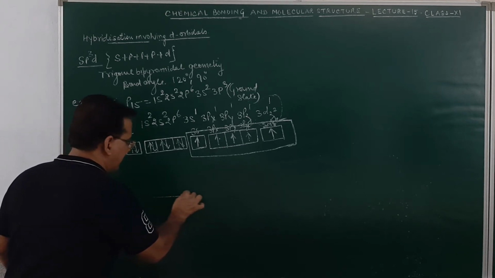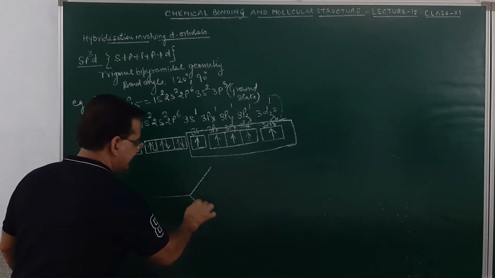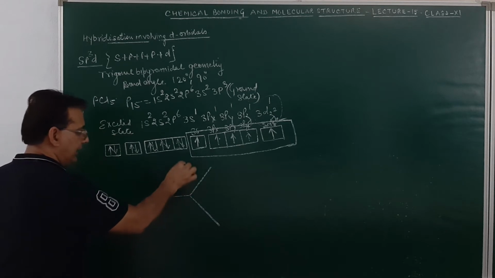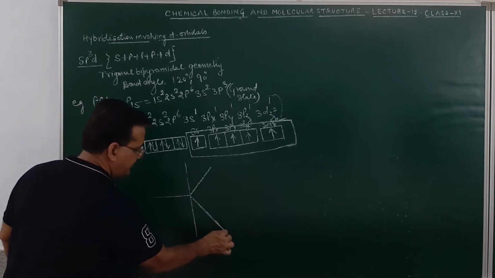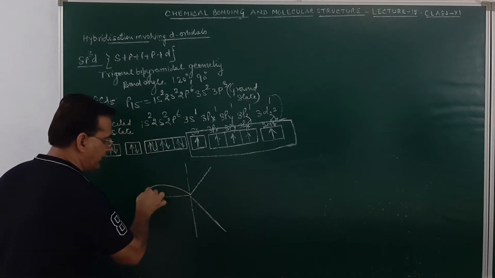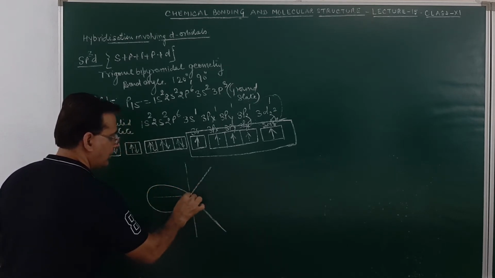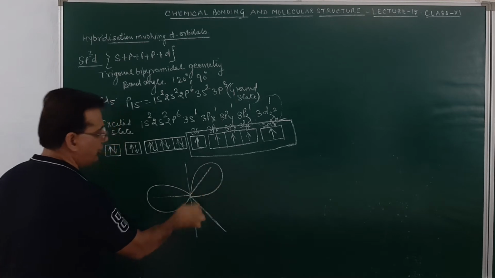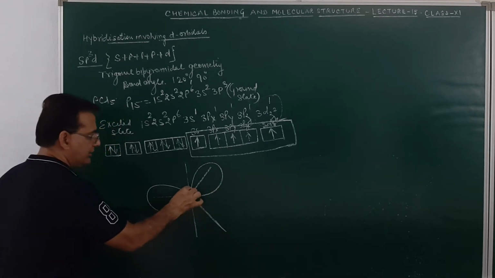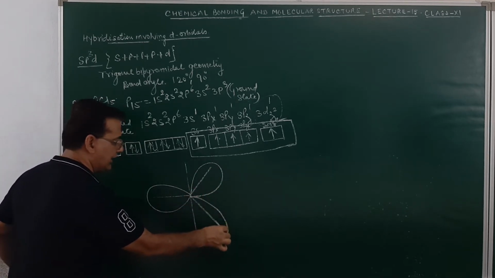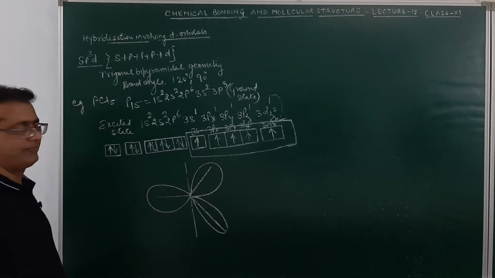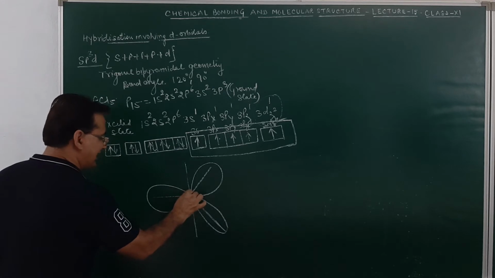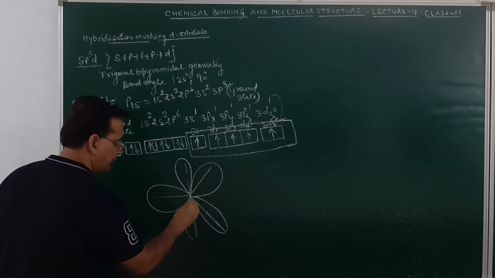The orientation will be this. You may see over here, student, this is one of the sp3d hybrid orbitals, this is another, then this is the third, this is the fourth, and this is the fifth sp3d hybrid orbital.